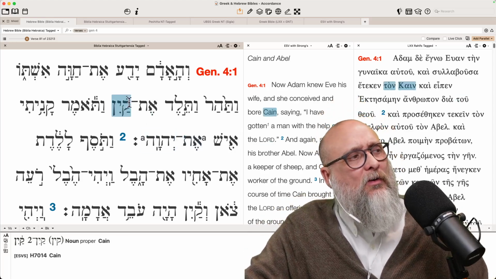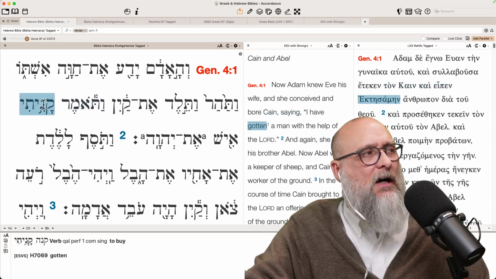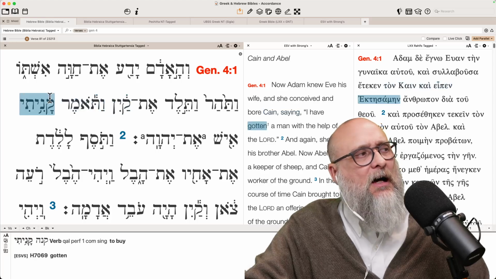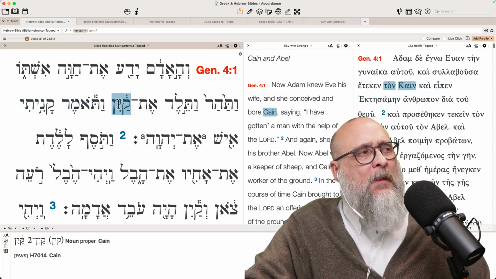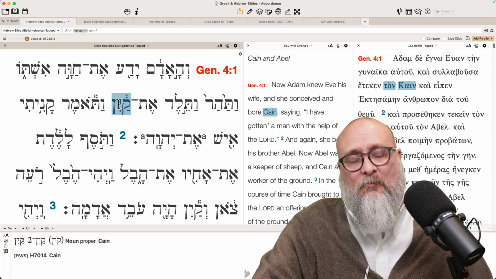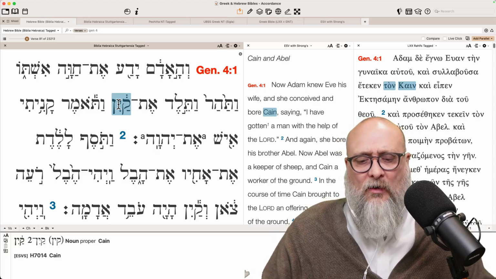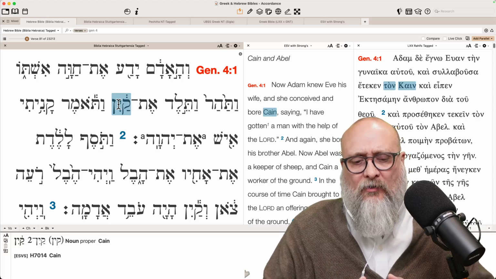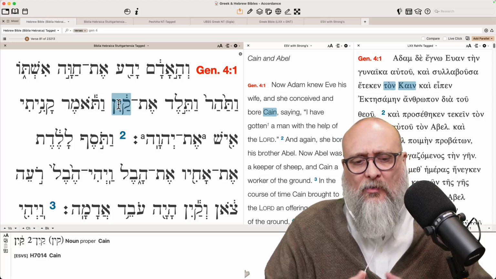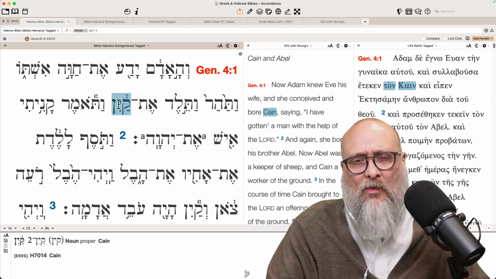But the connection of Cain's name with I have gotten or I have gained or I have acquired, it's almost as if Cain's name means something like God's gift. Like this boy who's born is like God's gift. He's the one that Eve thinks will be the seed of the woman to crush the serpent's head. I imagine in the story that's how it's going.